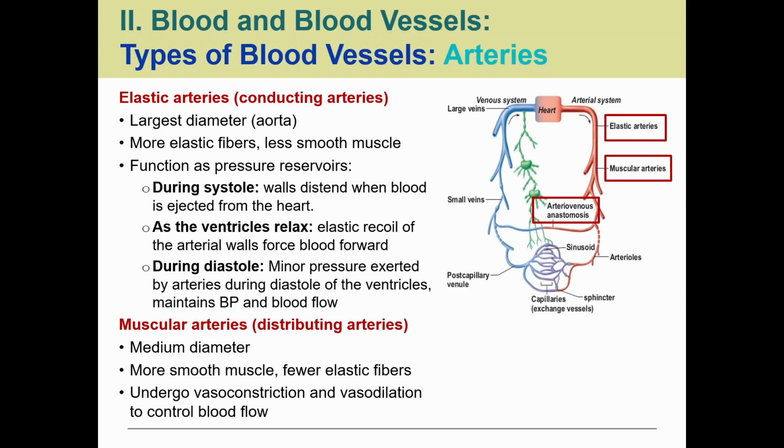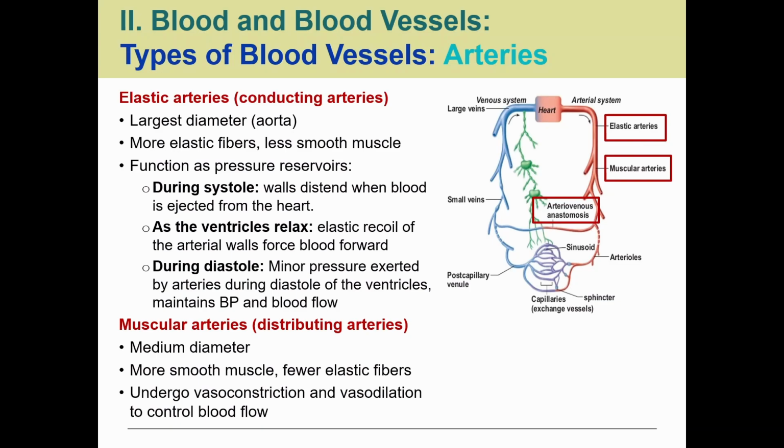They can stretch to accommodate that pressure. And then when the ventricles relax, we can recoil, forcing blood forward. So we snap back to normal size, and that pushes blood forward. During diastole, there's a little bit of pressure, and that helps maintain blood pressure and flow.